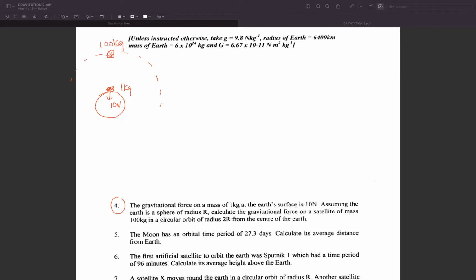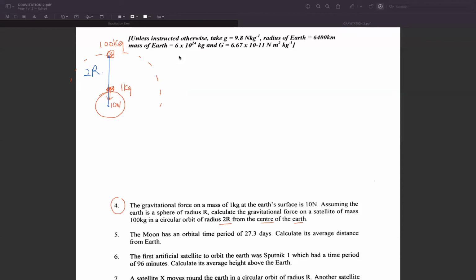Altitude is 2r. Now the 2r is measured from the center of the Earth, so that is not the altitude. Altitude is just measured to the surface of the Earth. The 2r is measured to the center. This is R, this is 2r. That means twice the radius. Okay, twice the radius. Okay, you want to get the force.